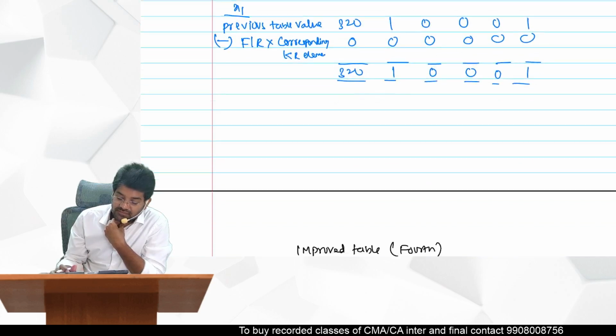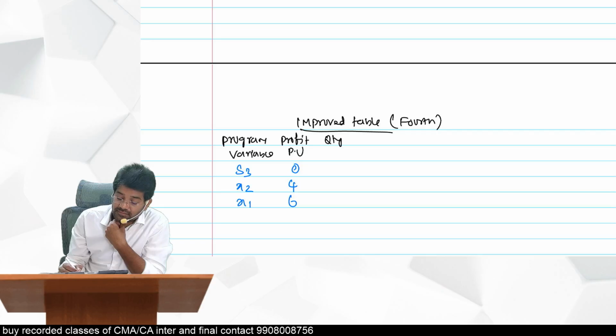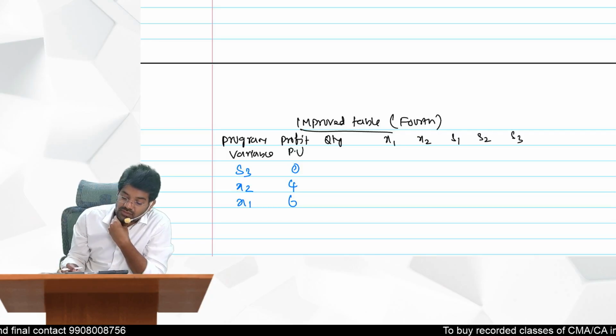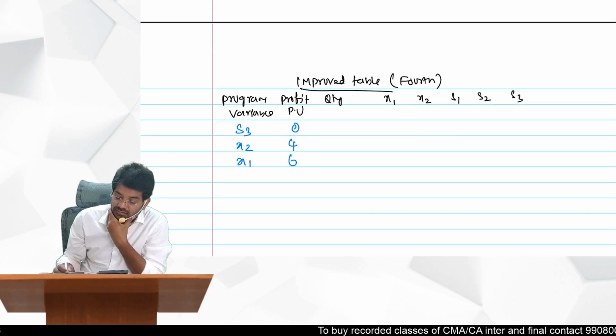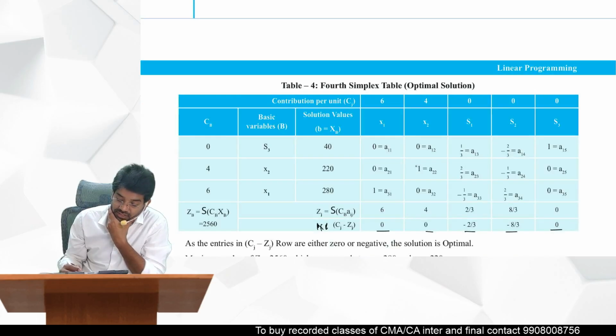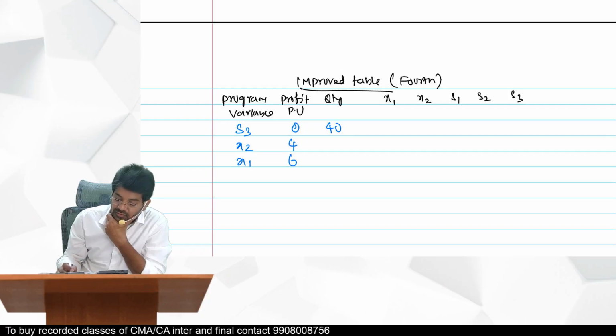Now the quantities we should take. The variables are x1, x2, s1, s2, s3. According to the table, the quantity values are 40, 220, 280.